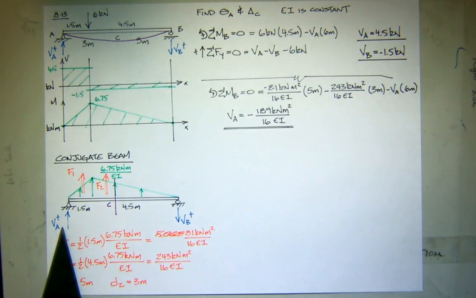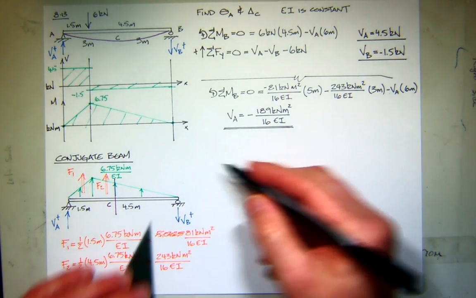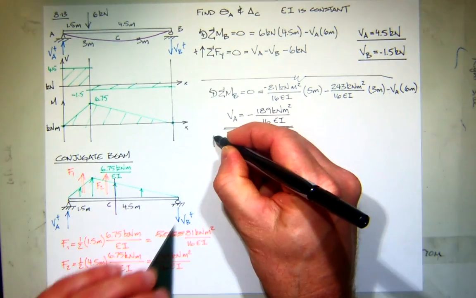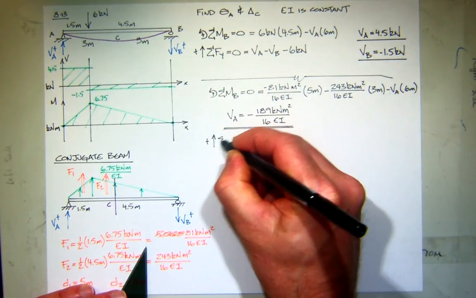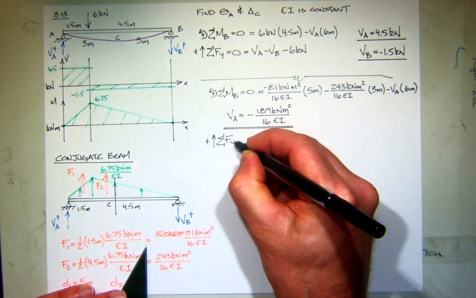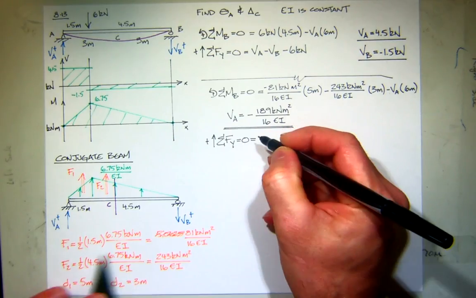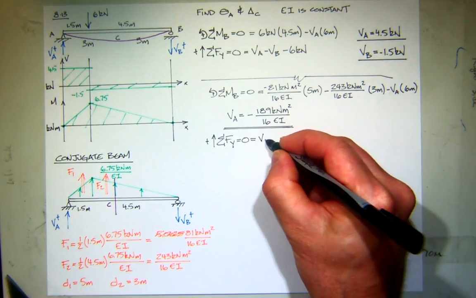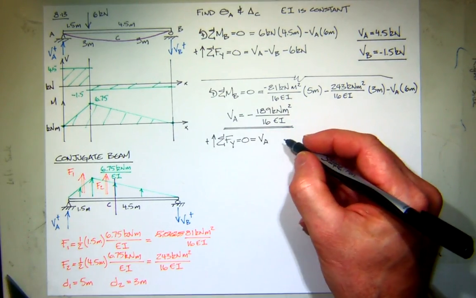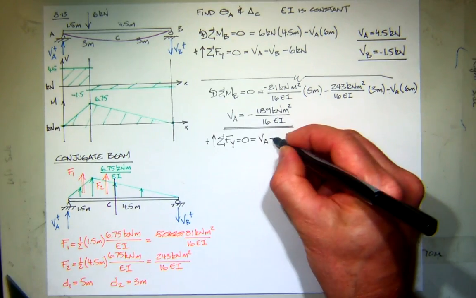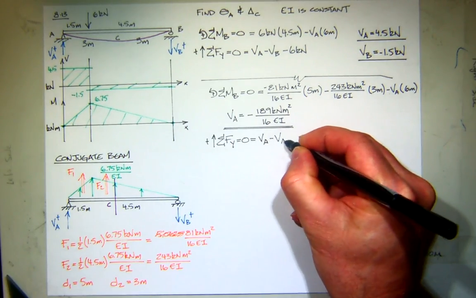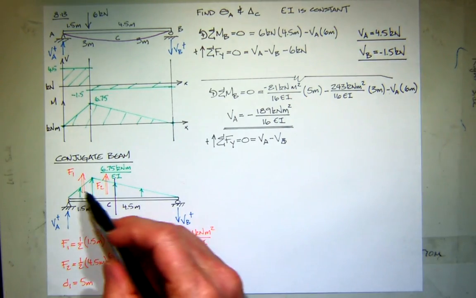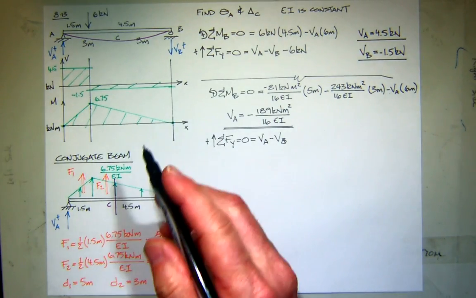So let's get that. While I'm still working with the large free body, I'll come back and sum forces in the Y direction. And when I do that, I've got shear at A acting up, the shear at B acting down. And then both my forces F1 and F2 are up.